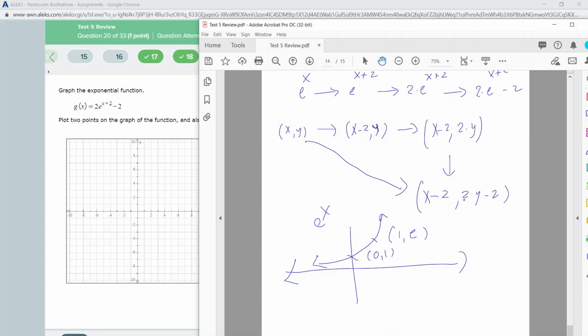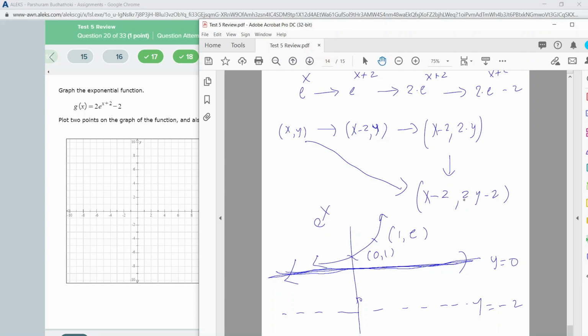If you put x equal to 1, then the value of y is e. You can use a calculator for finding this value. And this is your horizontal asymptote, which is y equal to 0. Because you are shifting this graph 2 units down, this horizontal asymptote will come here, which is y equal to -2. And these 2 points change using these formulas.